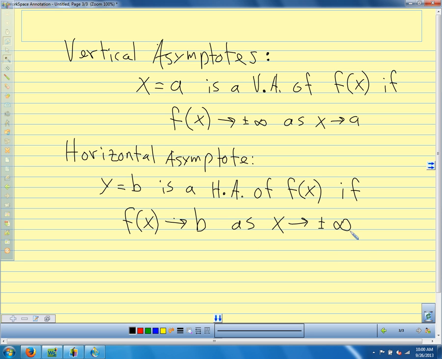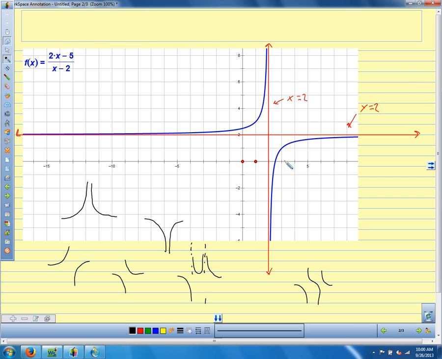As x gets really, really large, what's happening to our function? As x gets really, really small, really large negative, what happens to our function? If I go back to this graph, as x gets really large, our function is getting closer and closer to 2. That's the end behavior. Eventually it gets really close to 2. In this direction, eventually it gets really, really close to 2. It's telling us about our end behavior.